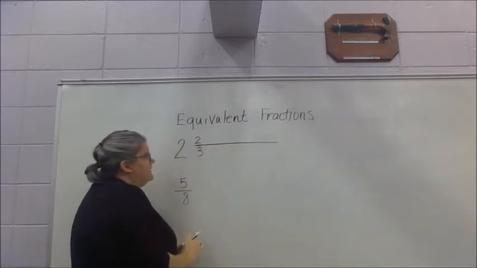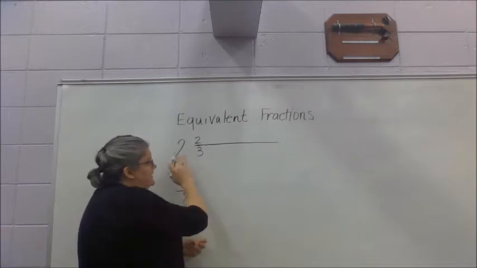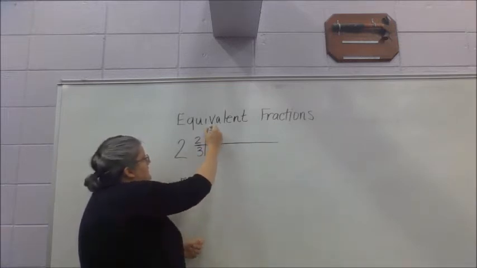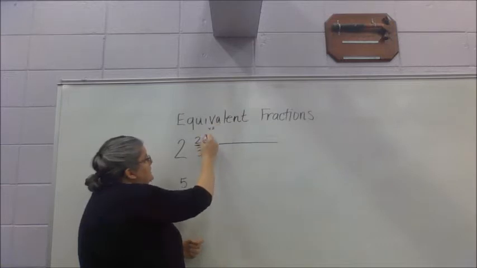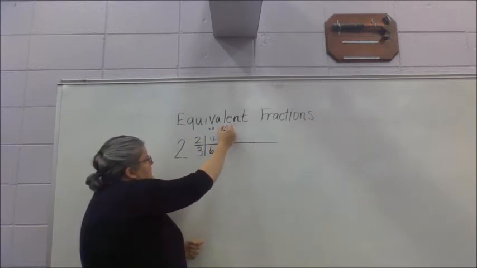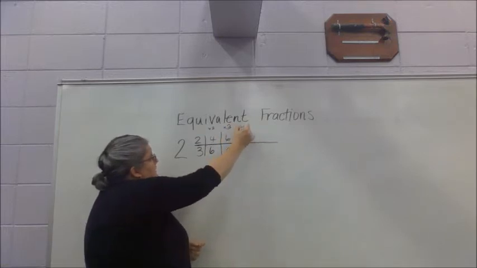So I really like this strategy for finding common denominators, of kind of extending out this fraction bar. And let's say here, I'm going to multiply both things by 2. 2 times 2 is 4. 3 times 2 is 6. I'm going to multiply by 3. I'm going to multiply by 4.